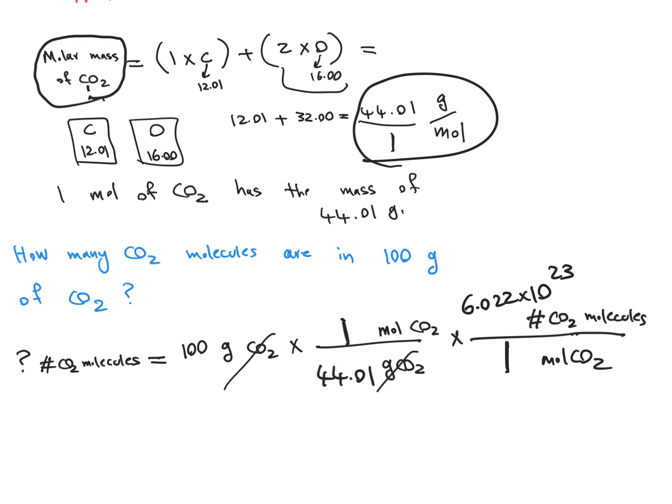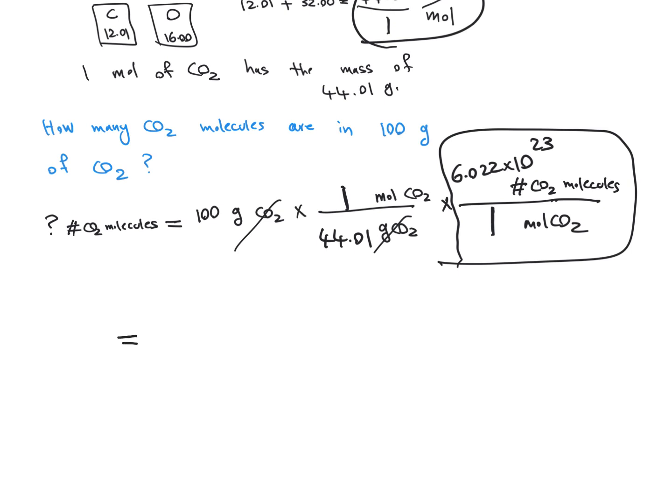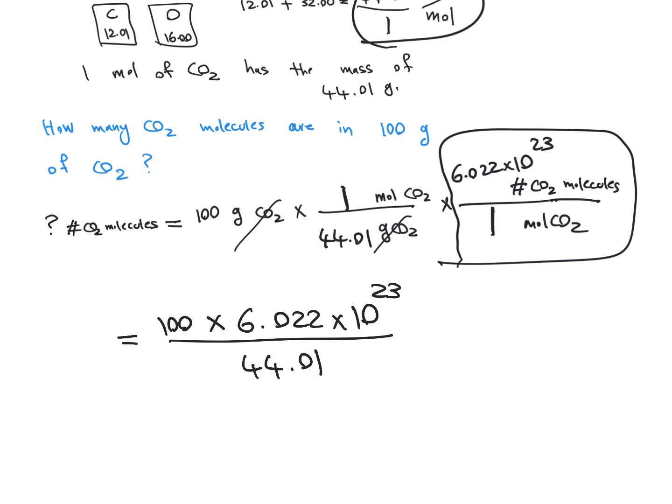So remember, if you have atoms, molecules, ions, don't get confused. 1 mole of anything is 6.022 multiplied by 10 to the power of 23 of that thing, right? So this conversion factor is the same. This would be 100 multiplied by 1 multiplied by 6.022 multiplied by 10 to the power of 23, divided by 44.01, and the units would be number of CO2 molecules.